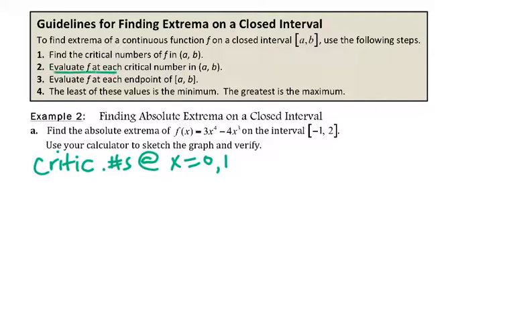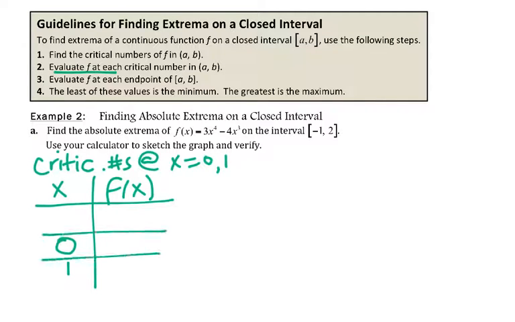So we want to evaluate f at each critical number. The easiest way to do this might actually be a table. So I'm going to create a table with x and f of x. I'm going to leave a little space in the top for something that we're going to do in a minute, but I'm going to find f of x when x is 0 and when x is 1.